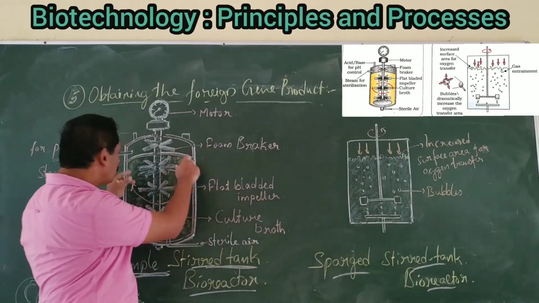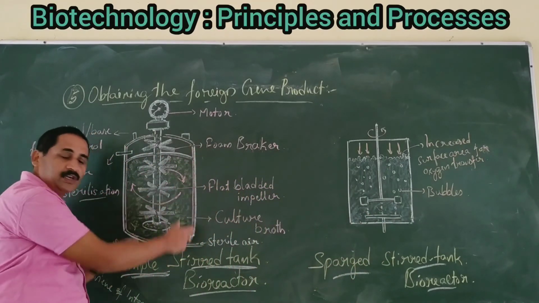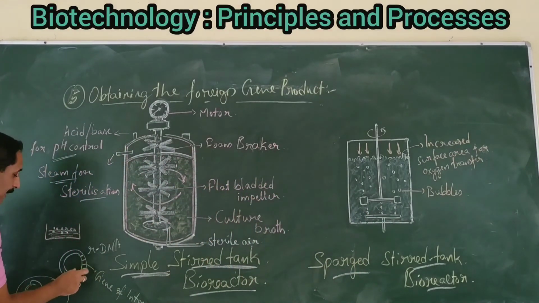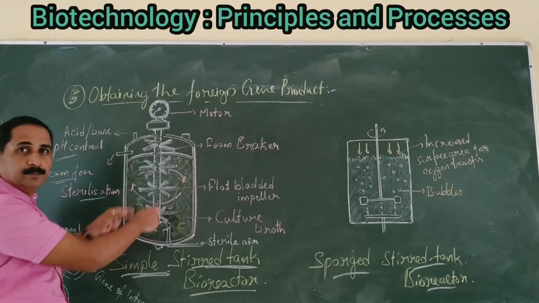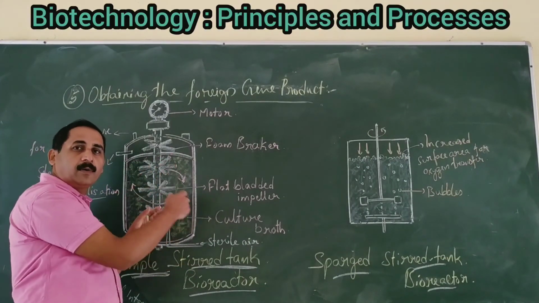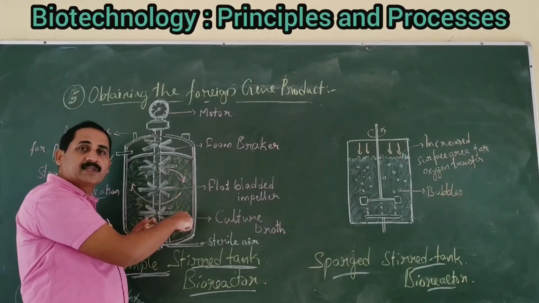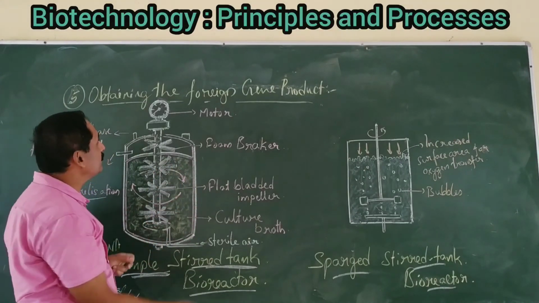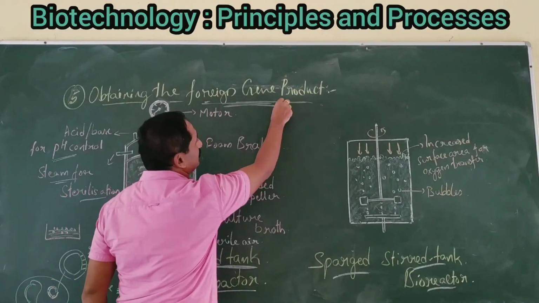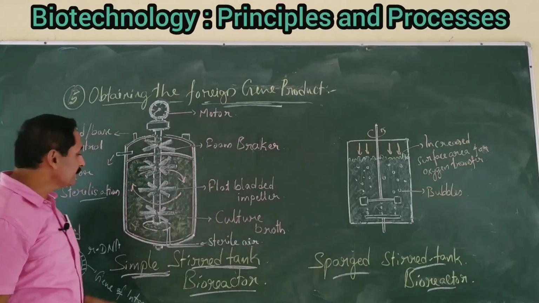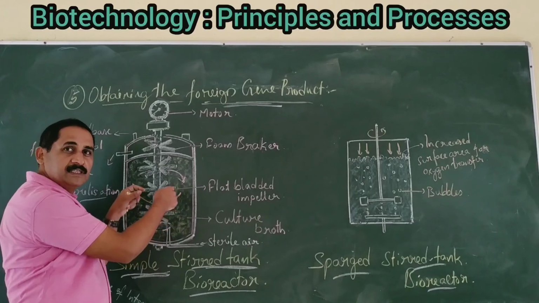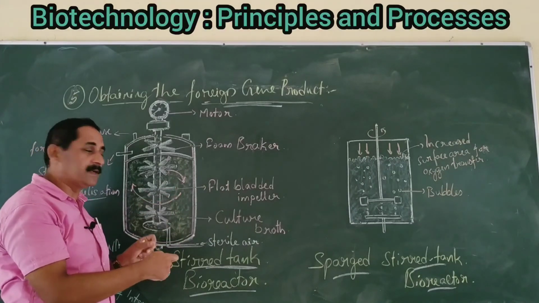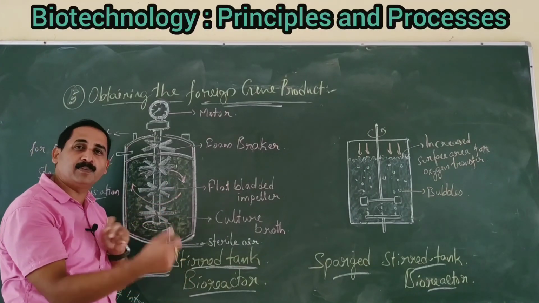After sufficient growth of these transformed bacteria, it contains trillions of copies. Then an inducer is added to induce the bacteria to produce the foreign gene product. After the production of this gene product, a protein, an enzyme, it should be extracted and purified.